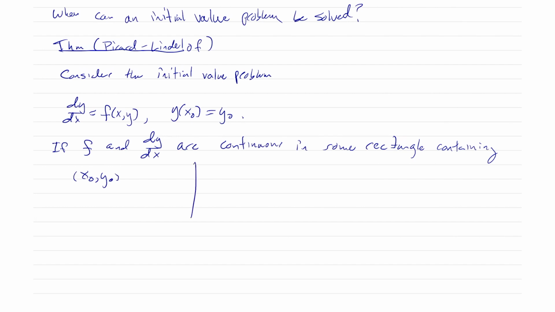So, wherever this is in space, say this is x naught, y naught. As long as it's continuous in this rectangle, wherever that is, or it could be a little tiny circle or whatever you want, we generally just say in a neighborhood.